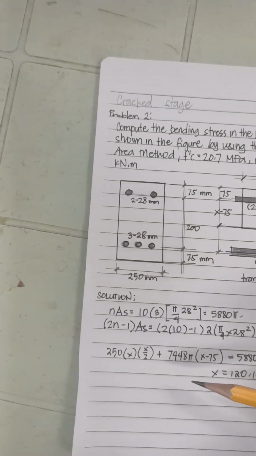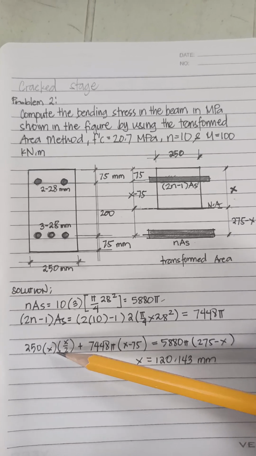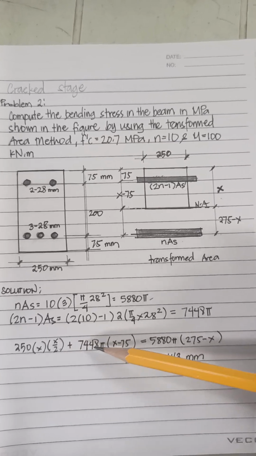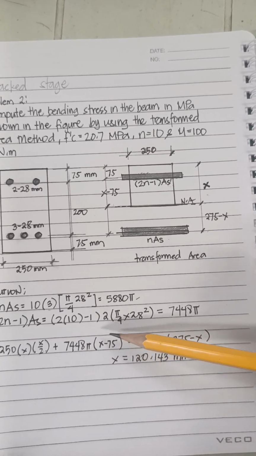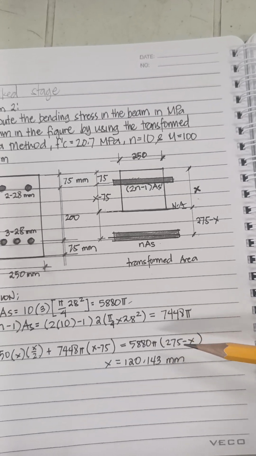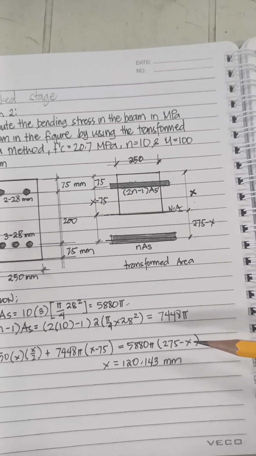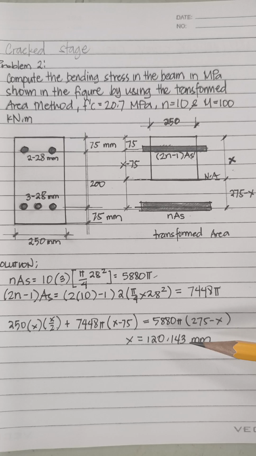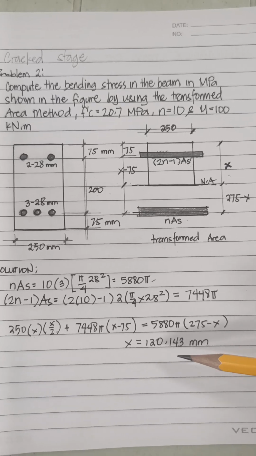So we have the area of the concrete, 250 times x, times the moment arm from the centroid of that concrete to the neutral axis, x over 2, plus the compression bar, this is its area and this will be its moment arm, equal to the area of the tension bar times the moment arm of the tension bar from the neutral axis. We will have an answer of 120.143 mm. So we already know the compression height.